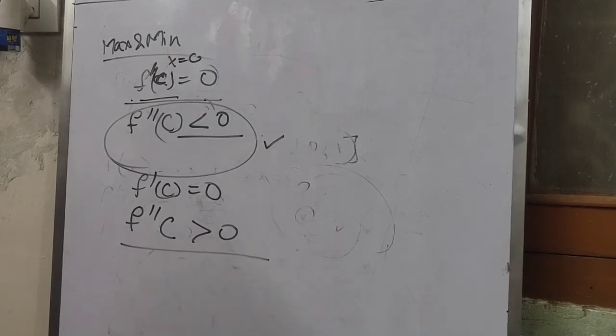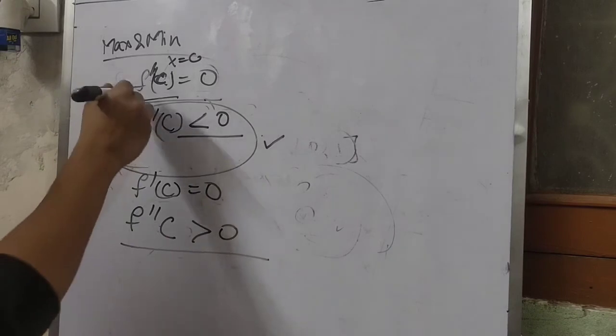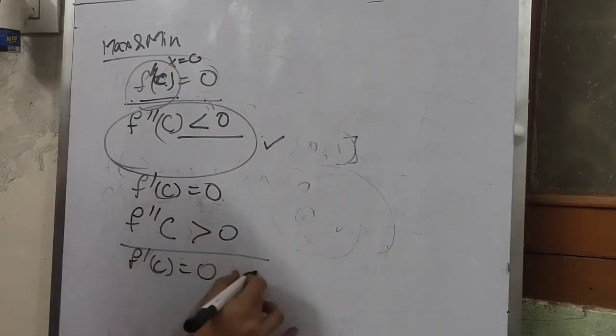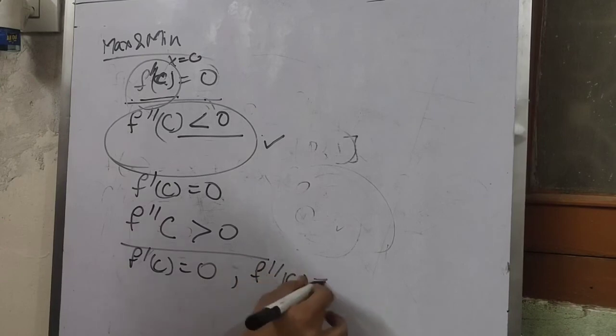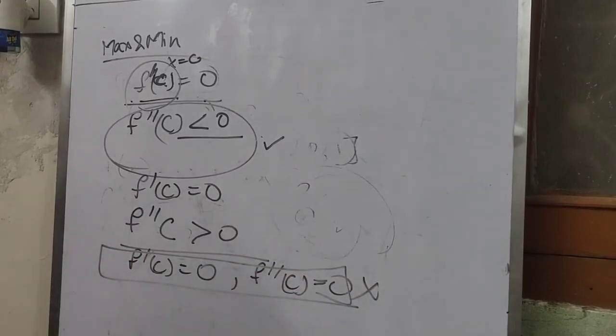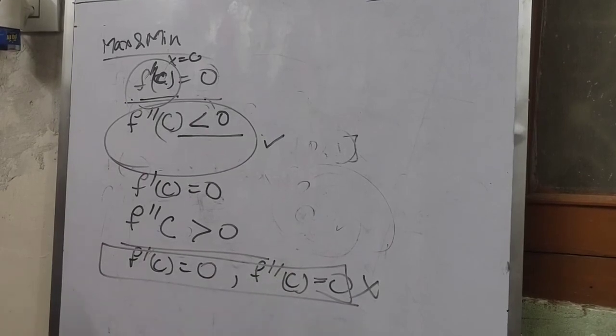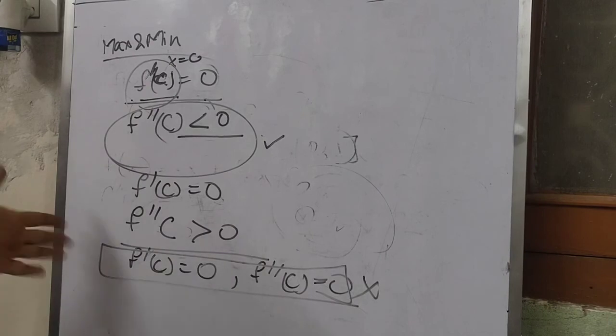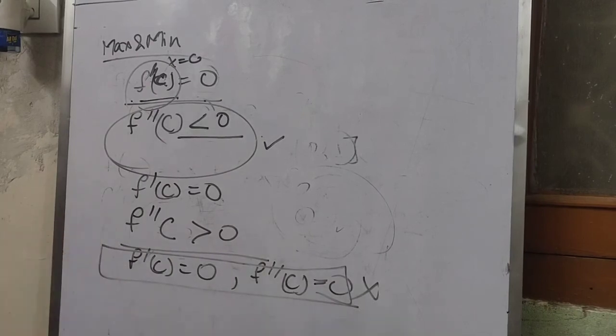And if I received f dash c equal to 0 and f double dash c is also equal to 0, then I will say my function has failed, because I will not receive any value in this particular type of question.